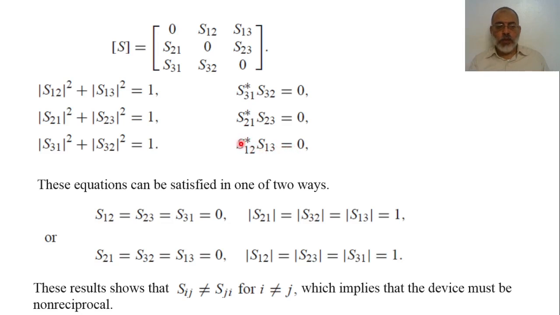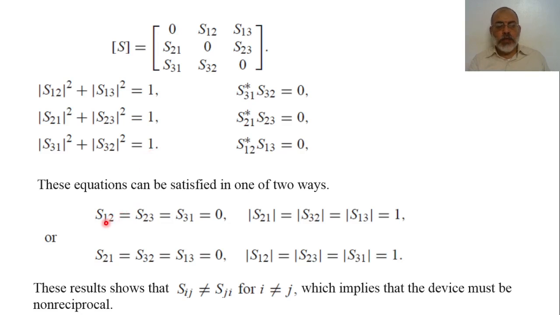Now, if S12 is 0, this means that S13 should be 1. If S23 is 0, this means that S21 should be 1. And finally, if S31 is 0, this means that S32 should be 1.